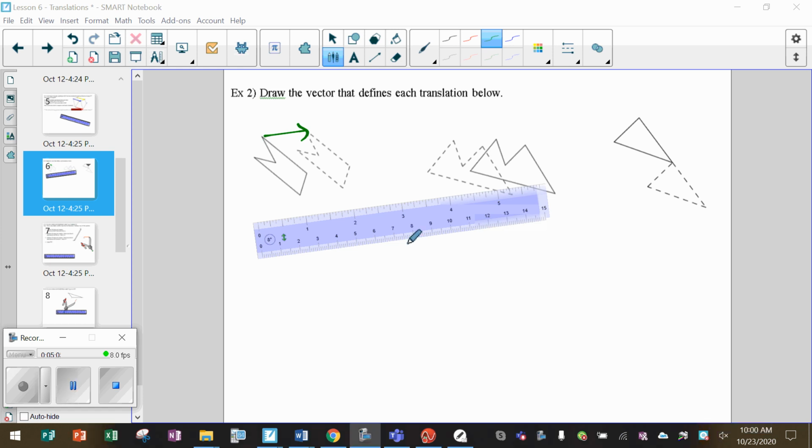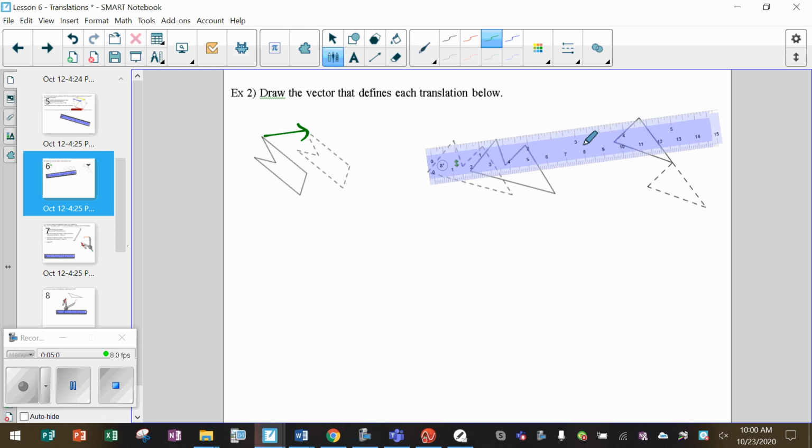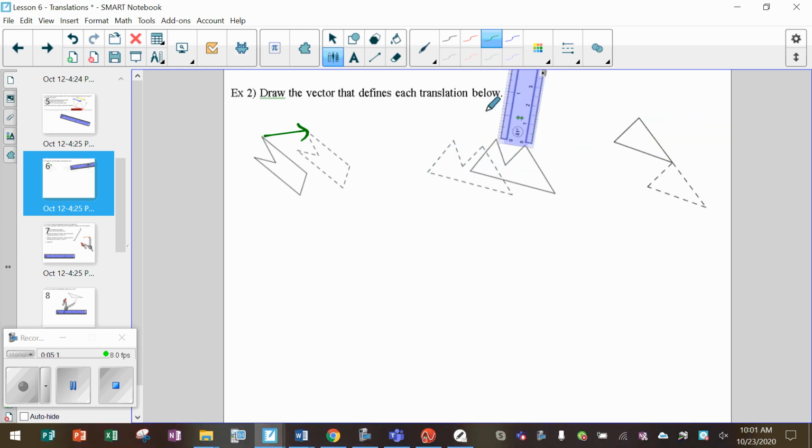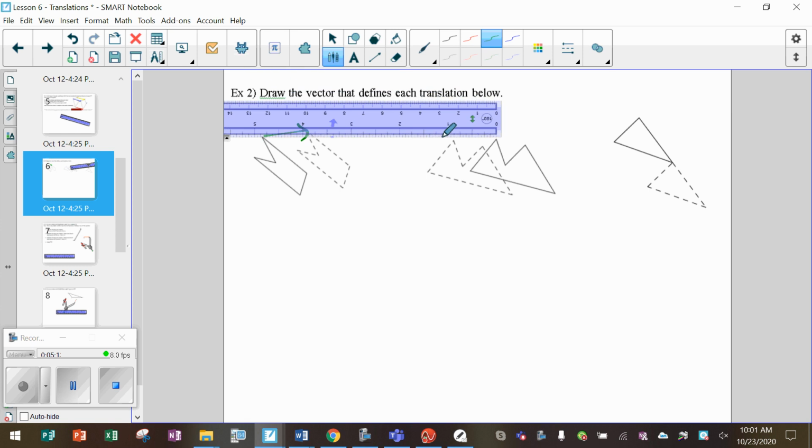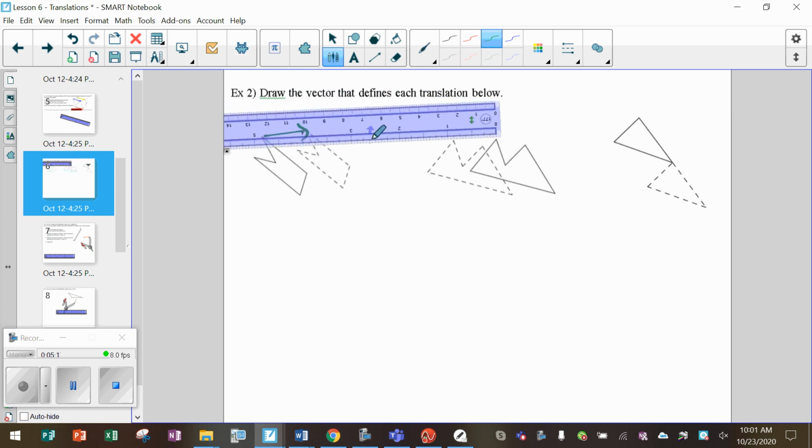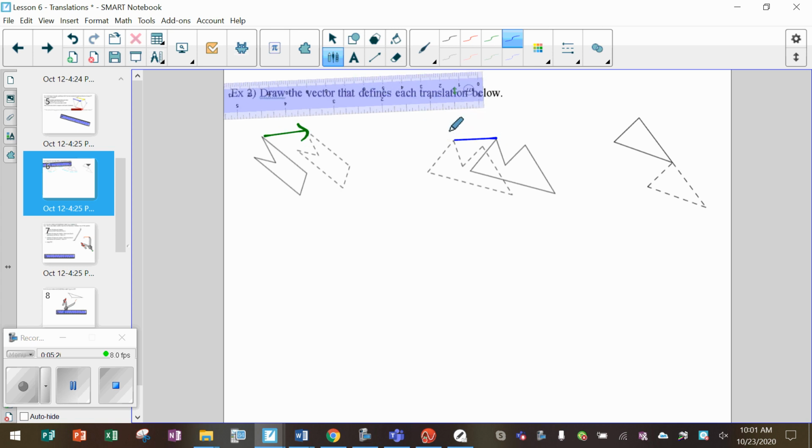So we are going to, again, connect the pre-image to the image, and we're going to make sure we line up accurate points, pre-image to image, and show the exact length from pre-image to image, and show the exact direction from pre-image to image by making it an arrow.